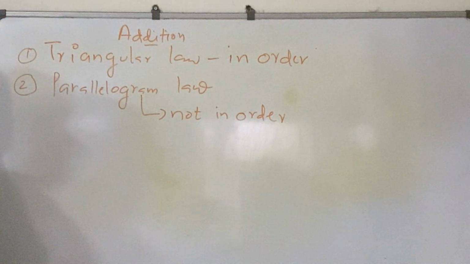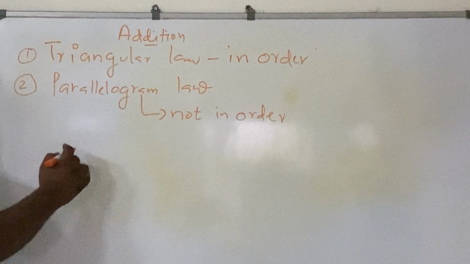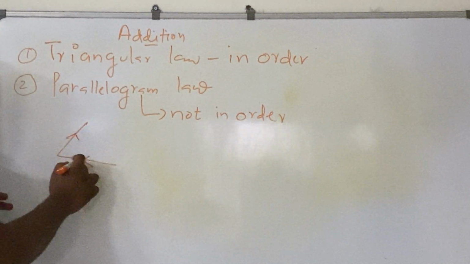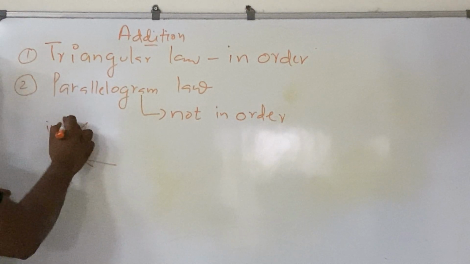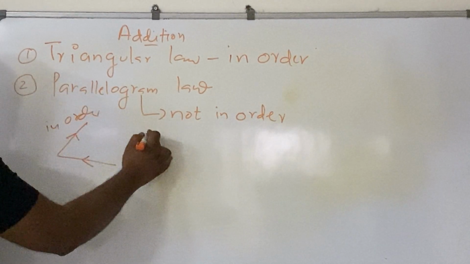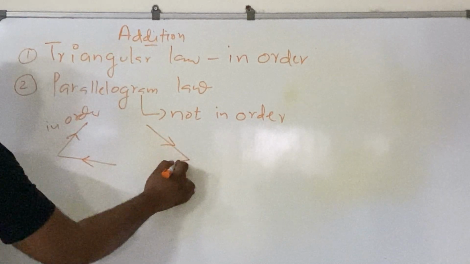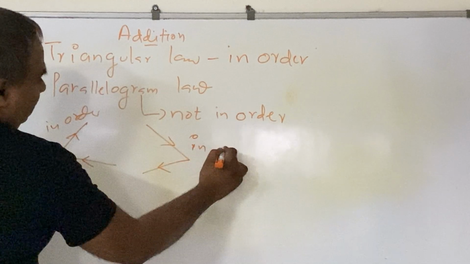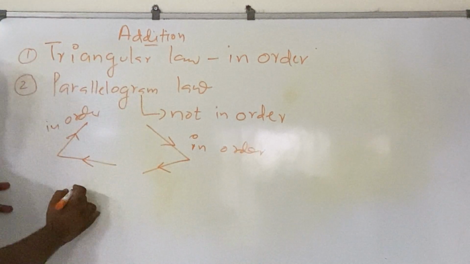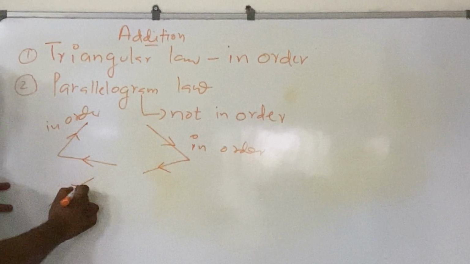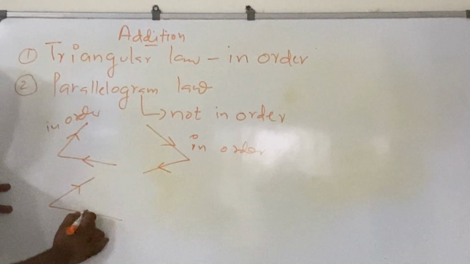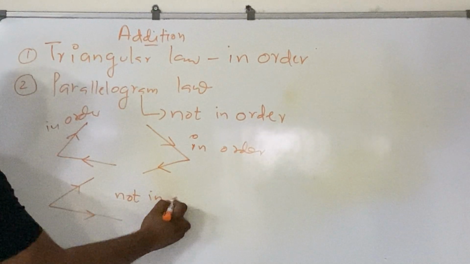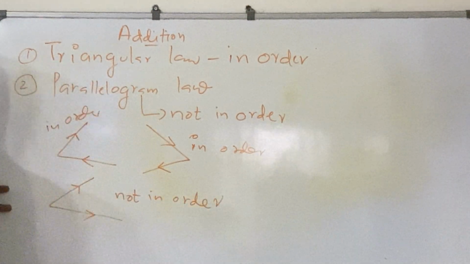What is in order and not in order? If two vectors, both of them are in clockwise direction, they are in order. If both of them are in anti-clockwise direction, they are in order. If one is clockwise and another one is anti-clockwise, this is not in order.